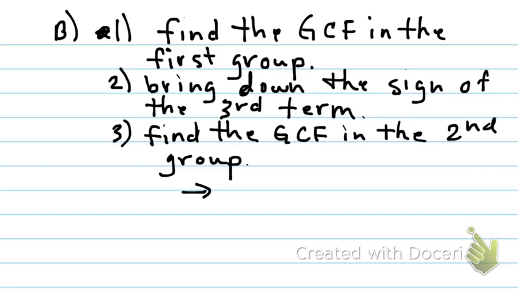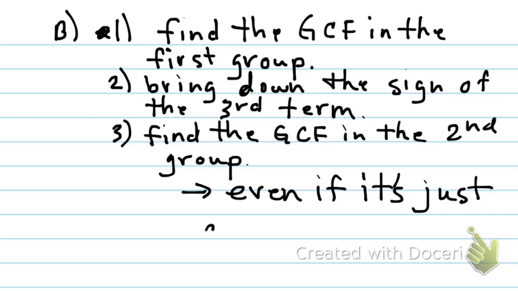But in this particular case, this is the only place I can ever think of that you would divide by 1. You must divide by something even if it's just a 1.